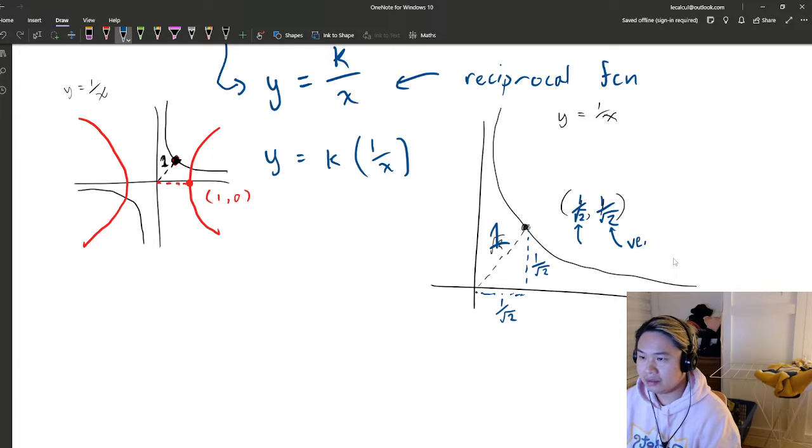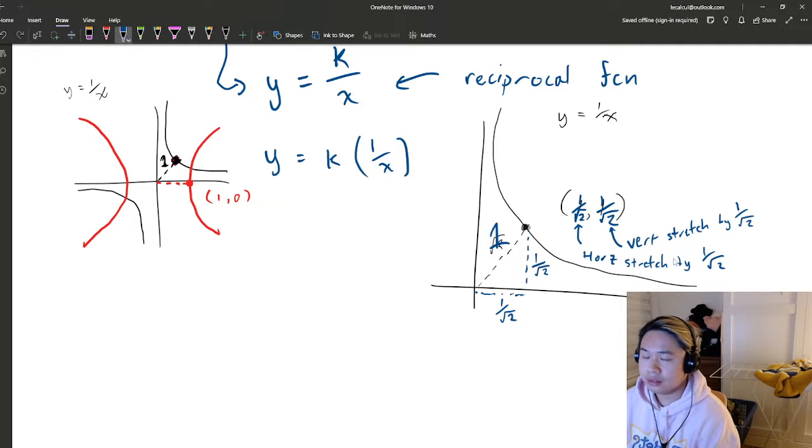They're both stretches, or scales. I'm just going to say stretch. Vertical stretch by square root 1/2. This one is a horizontal stretch by not 1/2, 1 over root 2.